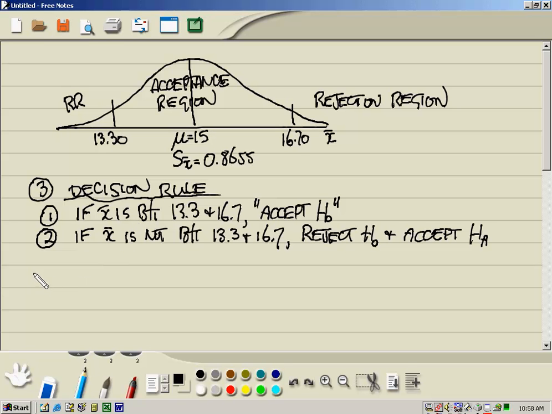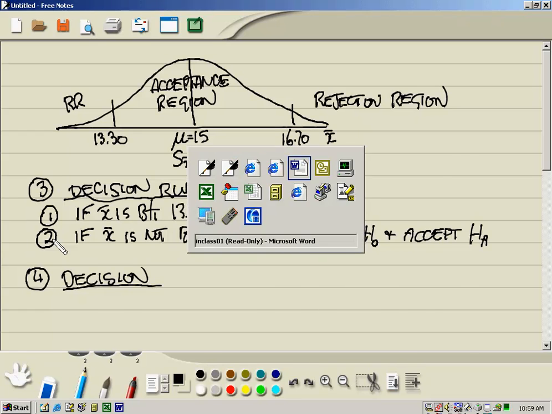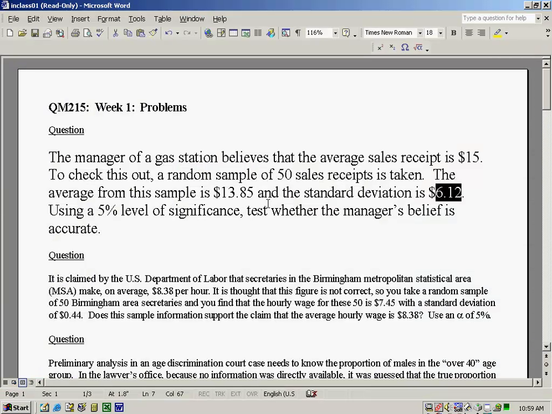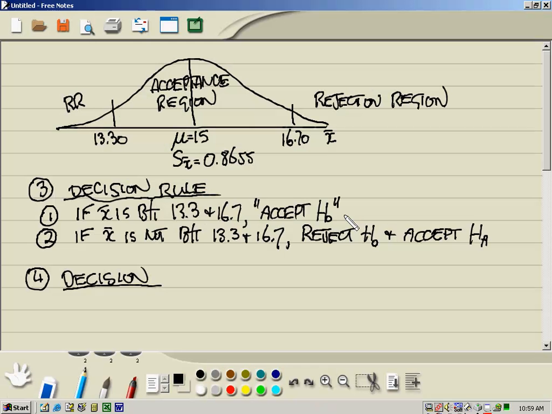Alright, the fourth part, the decision. What we do is we get our bit of sample data, which was, let's see if we can find it quickly. Sample average is 13.85. 13.85 is somewhere between 13.3 and 15.